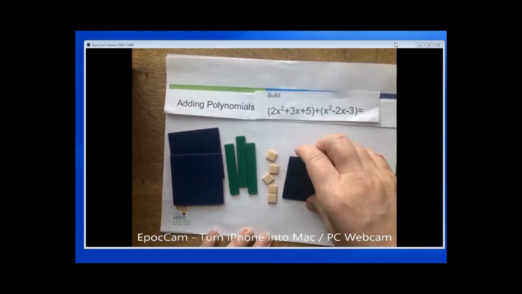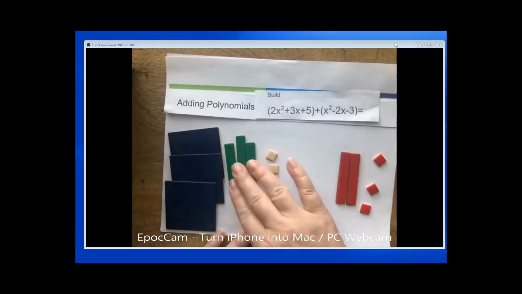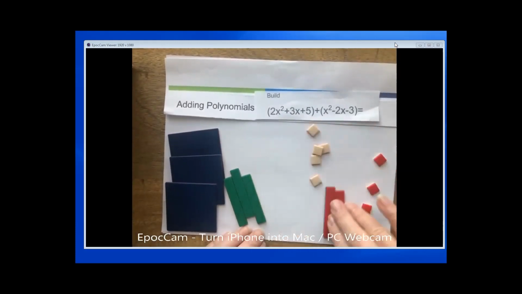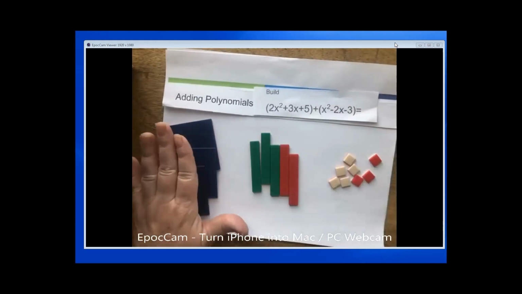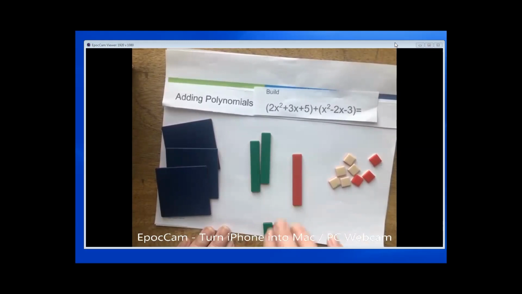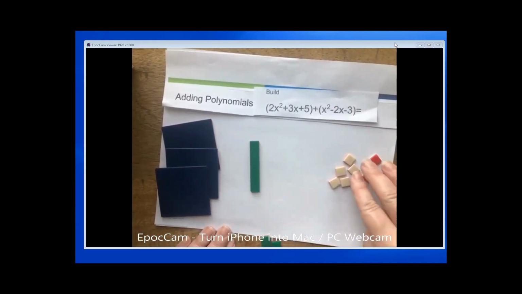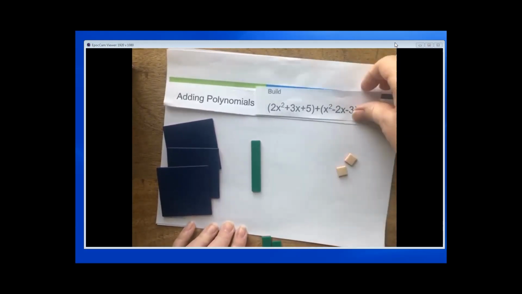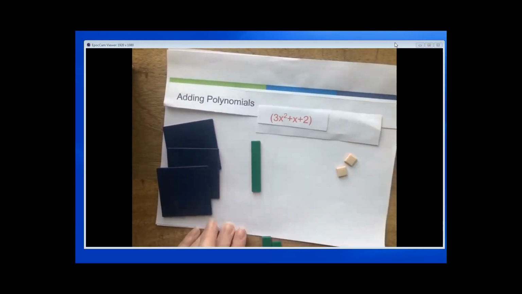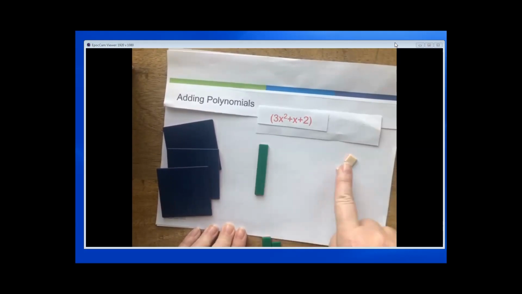So I'm going to combine my like terms. I can't 0 pair anything here, but I can 0 pair 2 of these. And I can 0 pair 3 of these. So I should end up with 3x squared plus x plus 2.